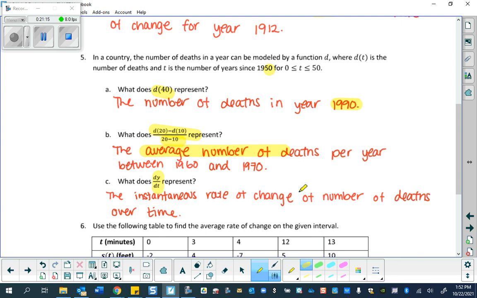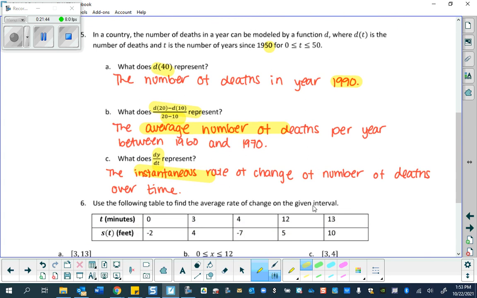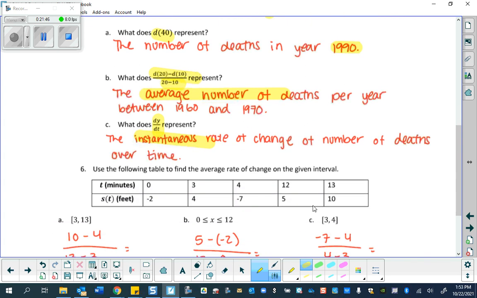So if you're curious, are we supposed to know the difference between average and instantaneous rate of change? That D as a letter doesn't mean deaths. It was a bad example to talk about deaths when we introduced dy dx. But that D is different from our triangle because we want everybody to know that's that itty bitty difference that we can use the term instantaneous instead of average in our conversations.